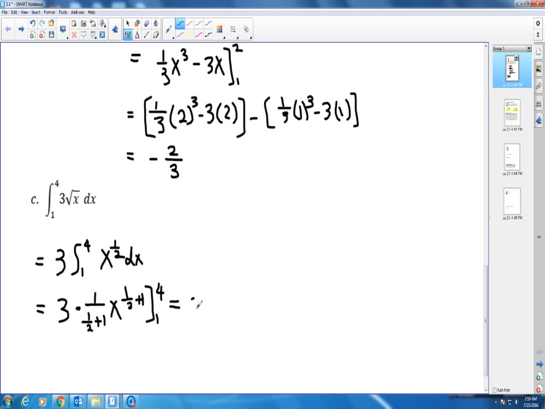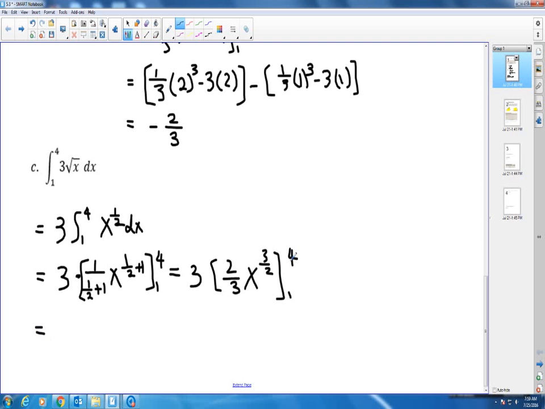Alright, so this is going to be 3 times, let me put this in the bracket because this 3 is times this whole thing. So this is going to be 3 times 1 half plus 1 is 3 half. 1 divided by 3 half is 2/3. x to the 3 half, evaluated from 1 to 4.